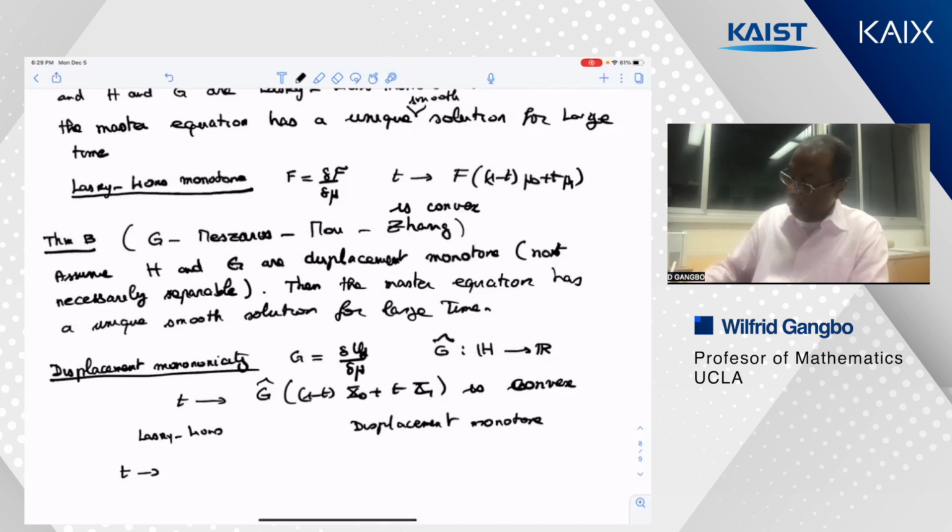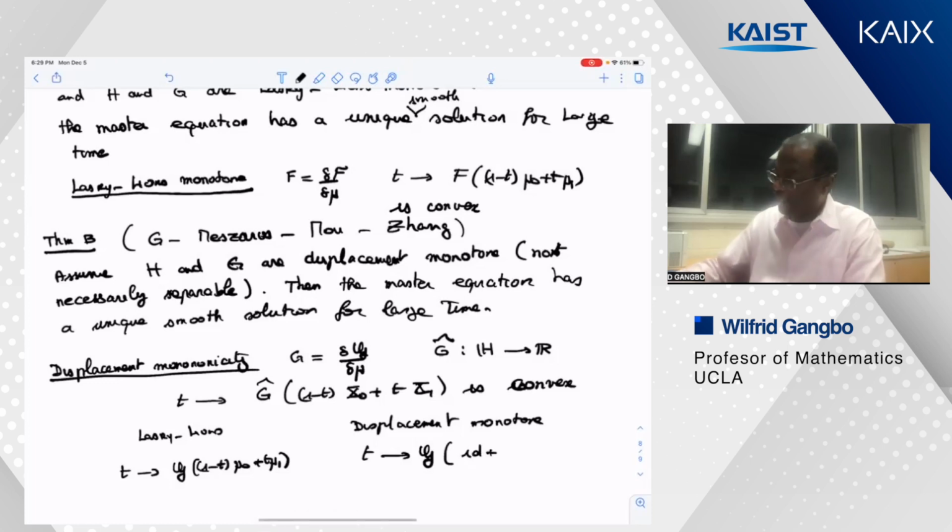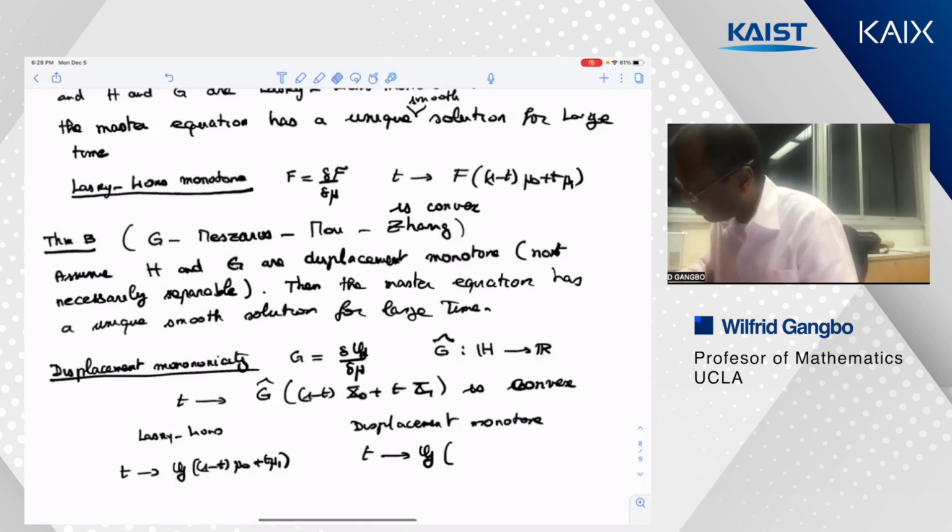T goes to G of (1 minus T) mu naught plus T mu 1 is convex, and displacement monotone will say T goes to G of ((1 minus T) identity plus T X) push forward mu naught is convex.